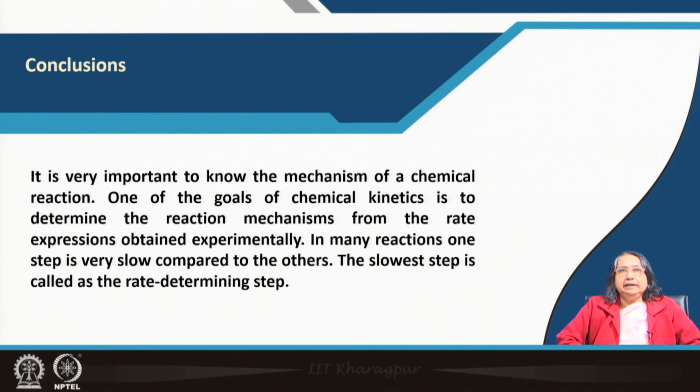In many reactions, one step is very slow compared to the others. The slowest step is called the rate determining step. These are the main things that I have covered in this lecture. And possibly you can try to develop some elementary reactions for a particular balanced equation, and if you know the rate expression, then you can match it with that. Thank you.